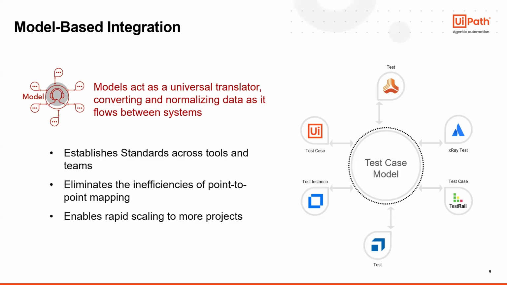In Jira, the description does not support multi-line. In such a scenario, I have to convert my UiPath Test Manager multi-line description to a single line, and that single line I need to transfer to the Jira description field. So such conversions will happen in a model-based integration.